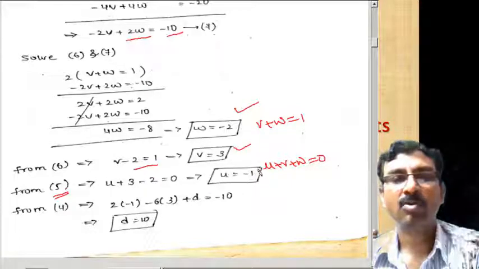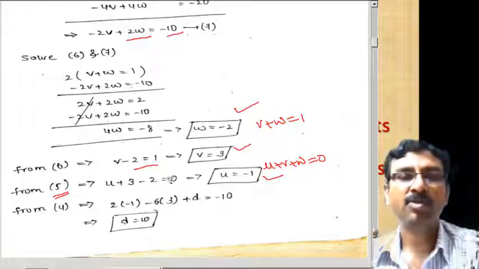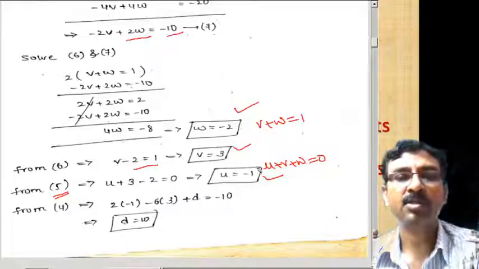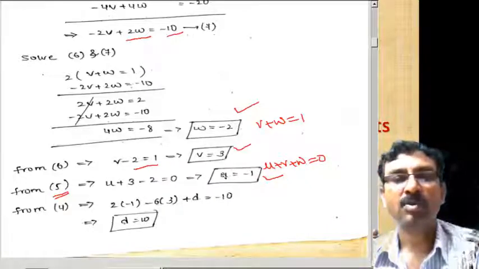Then u equal to 3 minus 2 is 1, taking to the right side minus 1, u equal to minus 1.